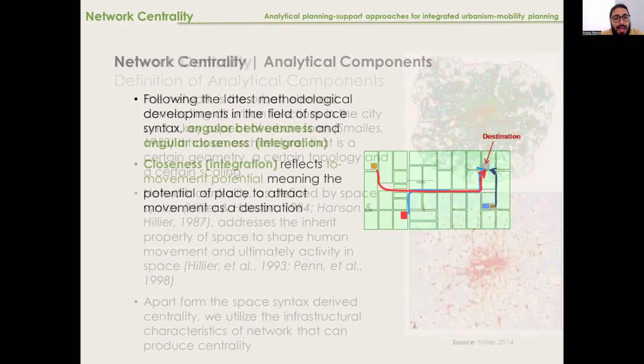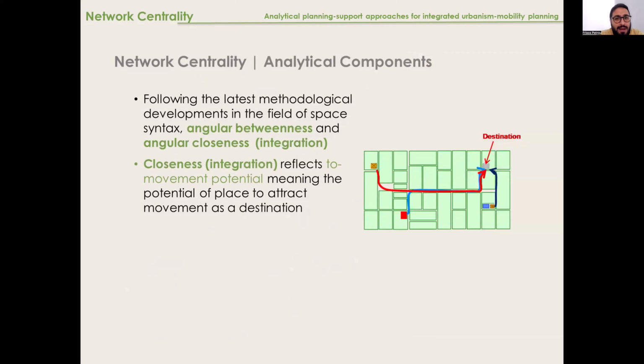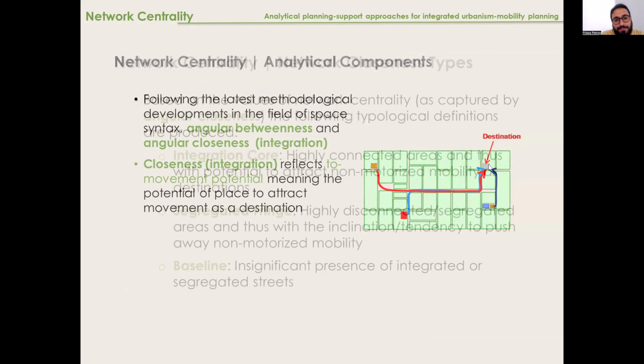So, moving to analytical components again, for network centrality, we have angular betweenness and angular closeness. Closeness, which is also known as integration, reflects to-movement potential, meaning the potential of a space or place to attract movement as a destination, as can be seen also in the figure here.